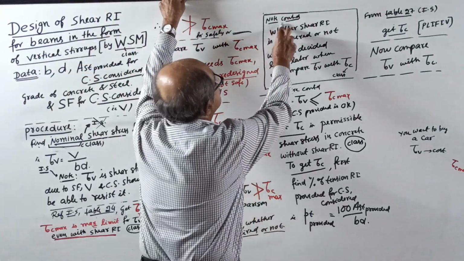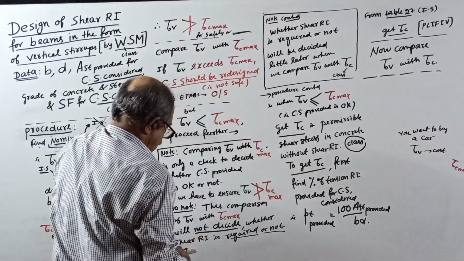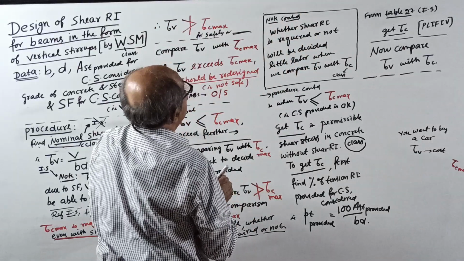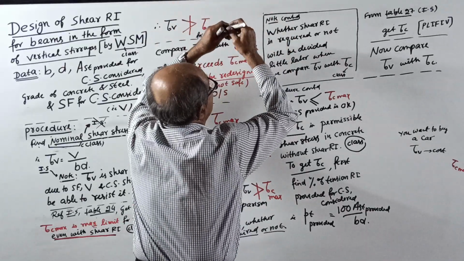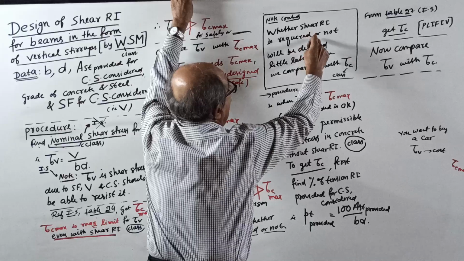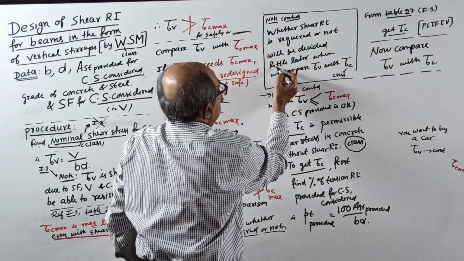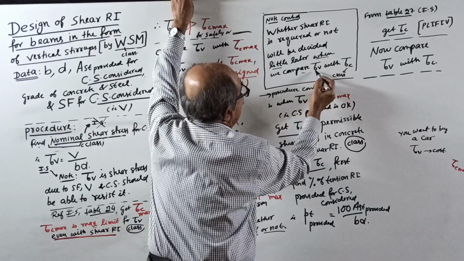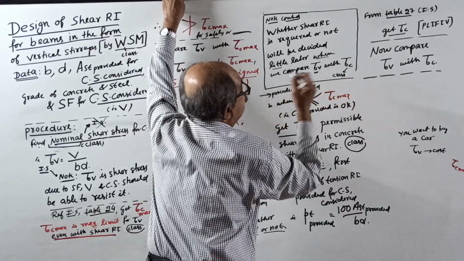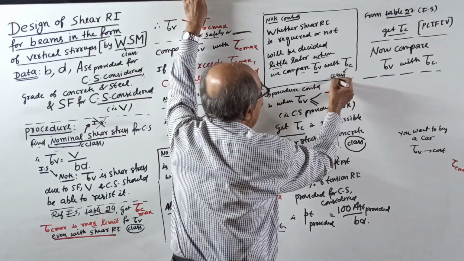This is only a safety check. Note continued: Whether shear reinforcement is required or not, that will be decided later, only after we compare tau v with tau c. So, tau c is coming up, still not right here.